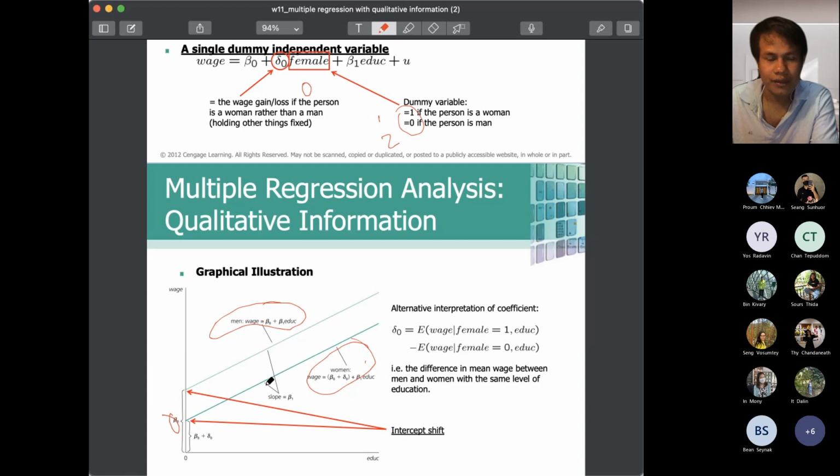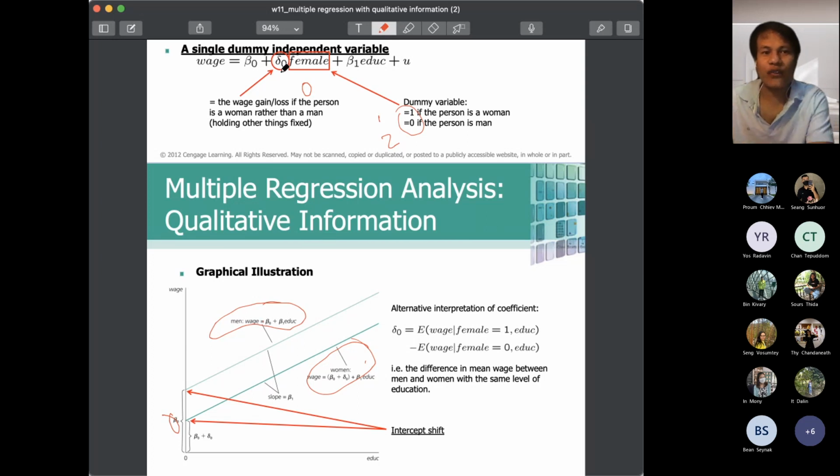Then you have a different illustration on the graph, because the coefficient for male is different from what we have now. Here men is 0, right? So the difference between the men's wage equation and the women's wage equation is just this delta 1, or the slope for the female variable.